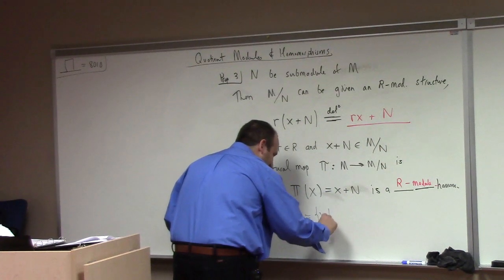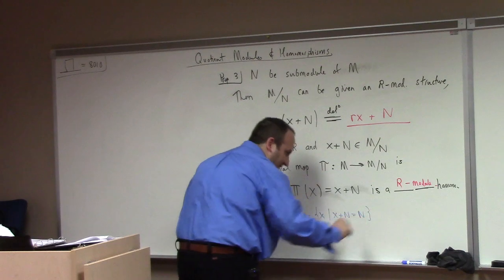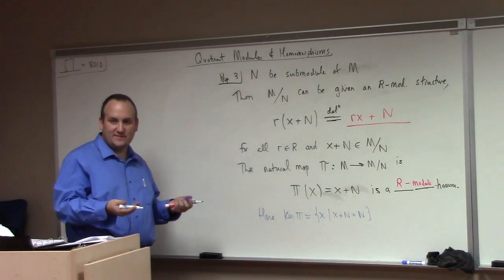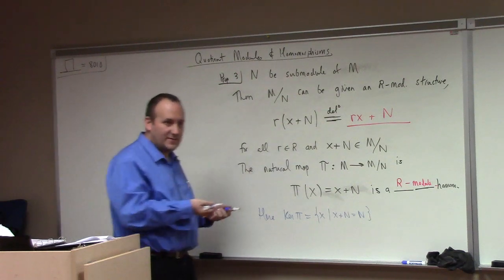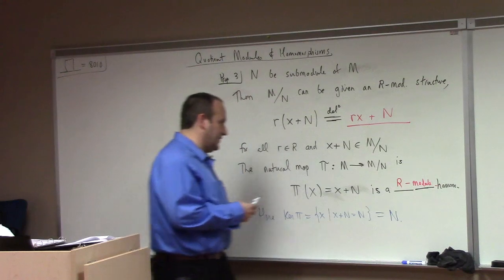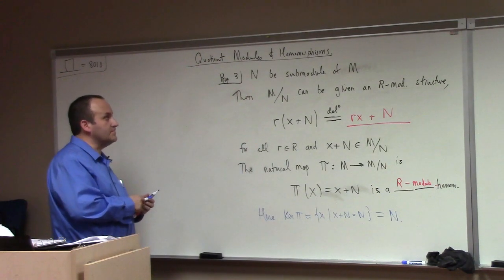Exactly, it's x such that x plus N is equal to N, because that's the 0 in the quotient, which is to say that x is an element of N. So what Liam said to start with is correct. The kernel of the natural homomorphism, the natural map, is in fact just N.